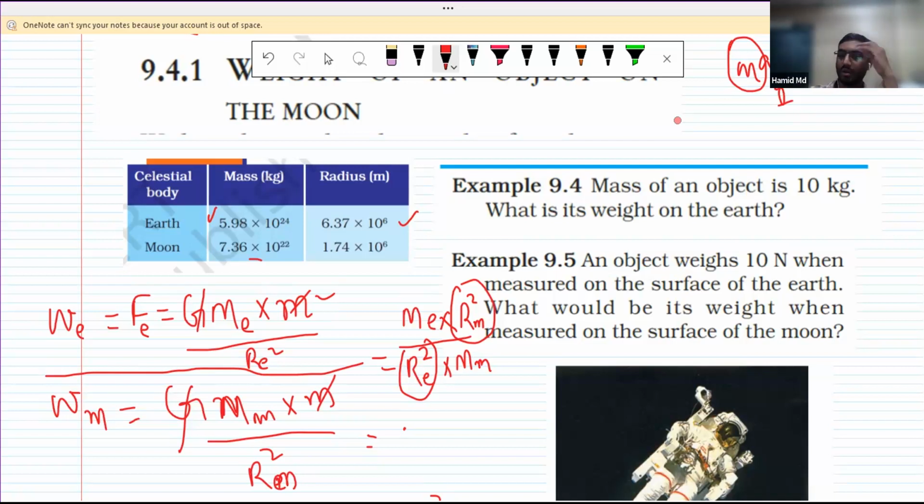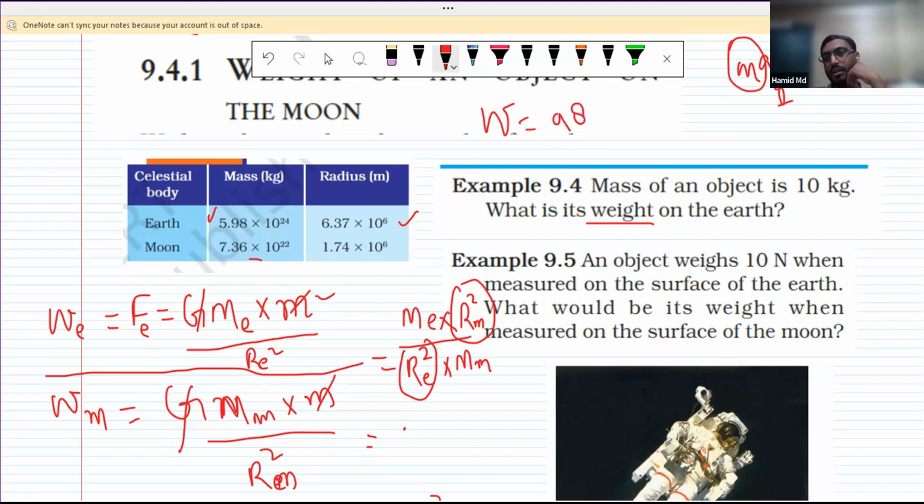How do we define weight? We define weight as W. W is equal to 98. From where did you get 98?